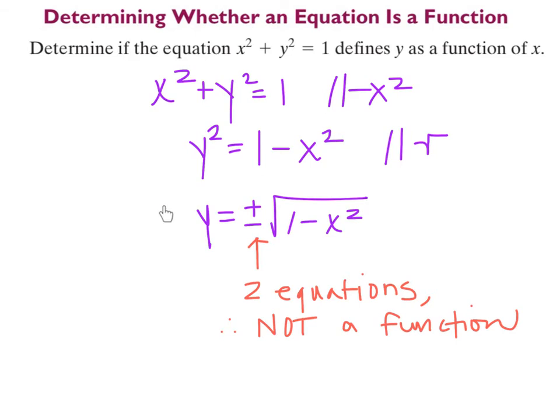So that leaves me with two equations for y. That's not okay in function land, right? That's two different outputs for one input. That's not gonna work. So it's not a function. Also, cool little symbol notation: this triple triangle thing means therefore. Feel free to use it.